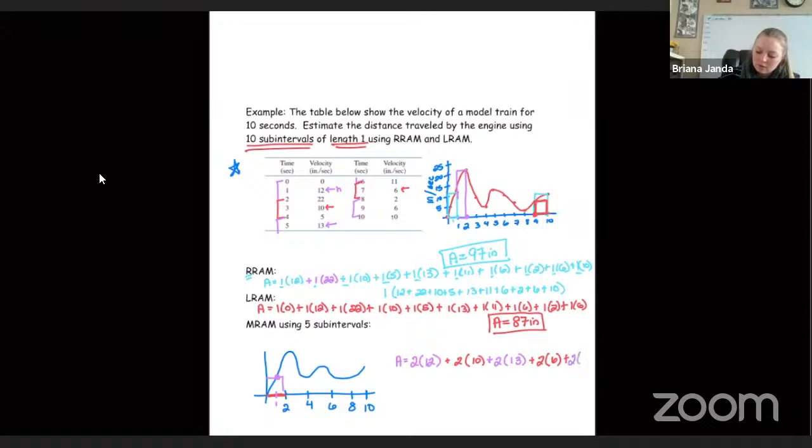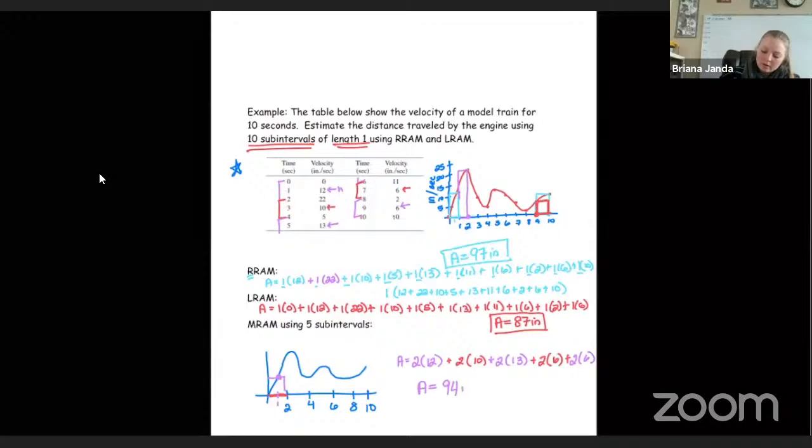So base of 2, height of, use the midpoint, 6. And using 5 subintervals and a midpoint RAM, we end up with an area of 94 inches, or a distance traveled of 94 inches. Again, connecting the area under the velocity curve will give us our total distance.